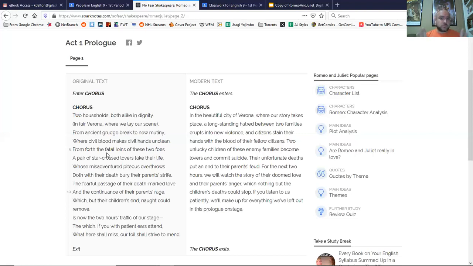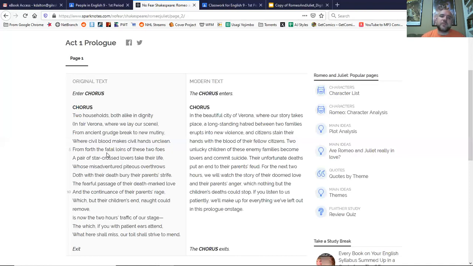So this is bad. It's a terrible grudge, an ancient grudge. It's making the citizens fight each other now. The two children of these families were written in the stars that their lives are going to be terrible, and by the end of this, they die because they kill themselves.